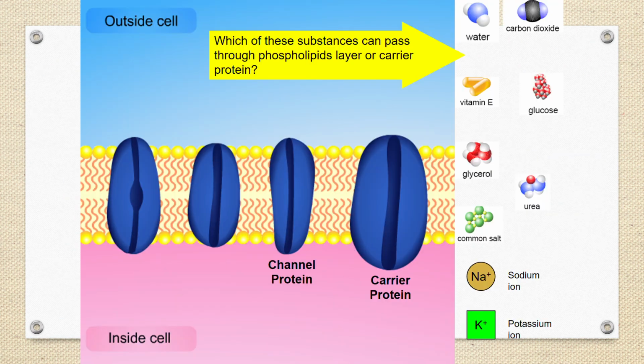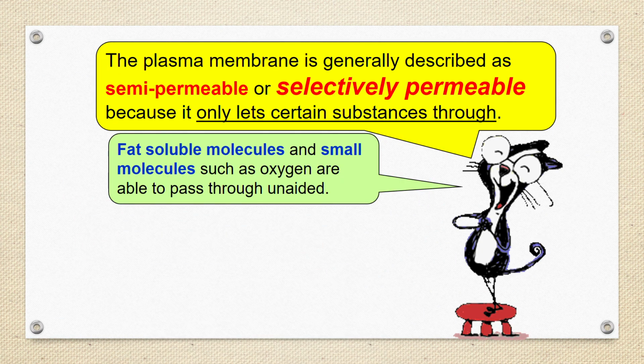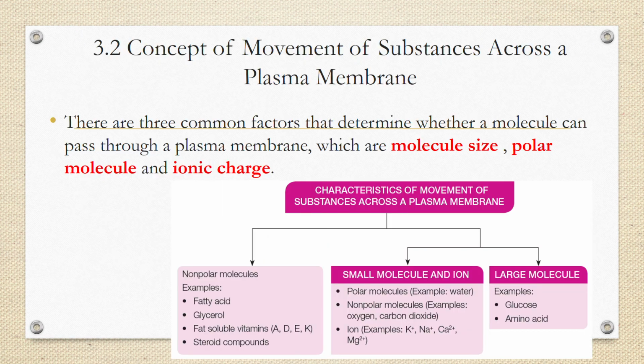Now before that, let's go back to see the structure again. Common factors that determine whether a molecule can pass through a plasma membrane are their size and their polar nature, whether they are polar or non-polar. For example, water molecules are polar.